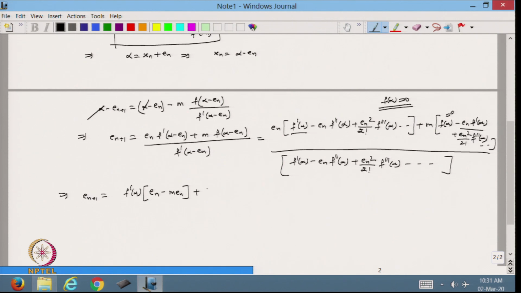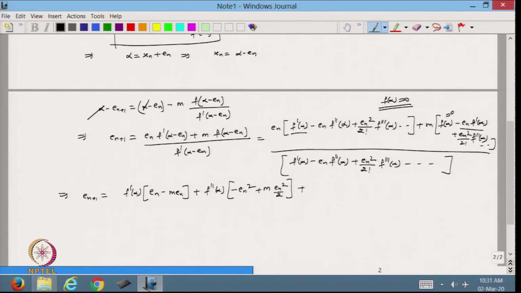Then I can write my f double dash alpha. From here it will be minus en square, and from here this will be plus m en square by 2 factorial. That is the coefficient of f double dash alpha.